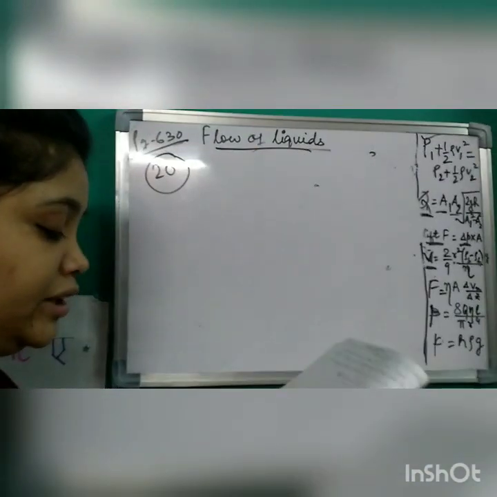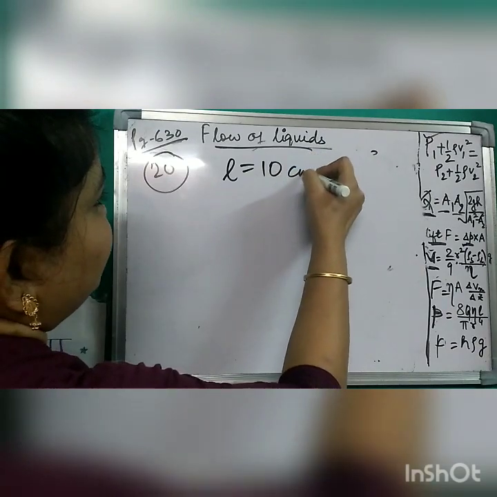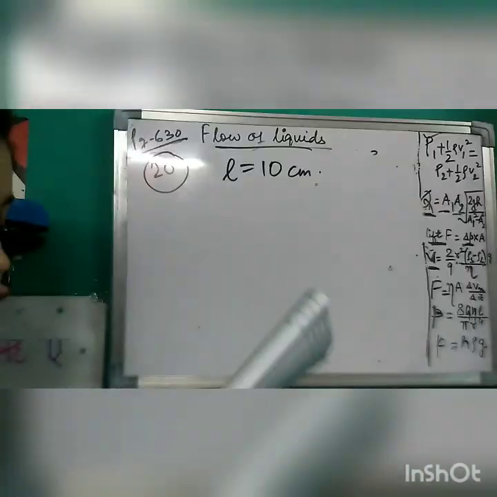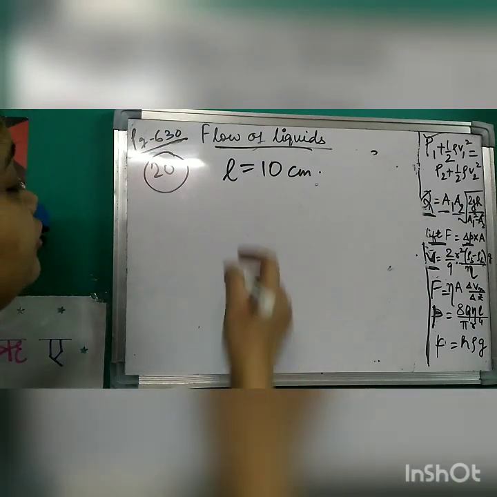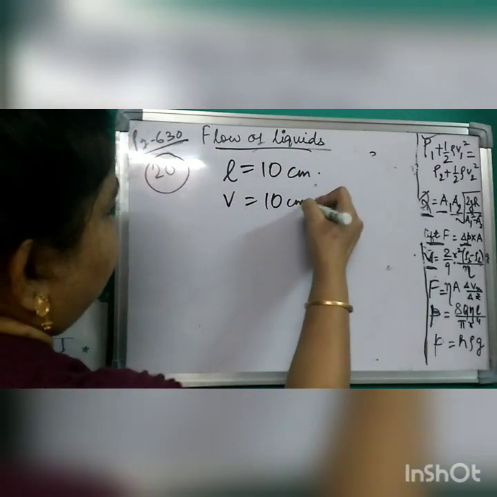Sum number 20 is also based on your velocity gradient. It says a square plate of 10 centimeter side, L is given as 10 centimeter, moves parallel to another plate with a relative velocity of 10 centimeter per second.